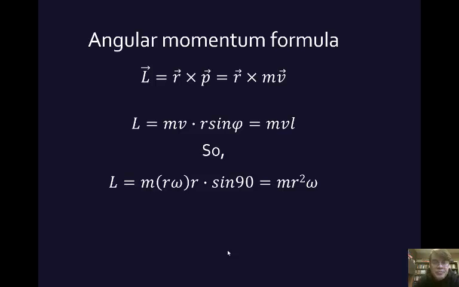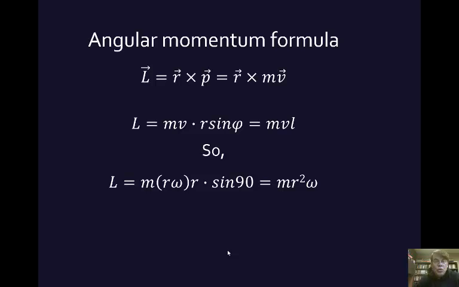So, for example, if you consider the sum of all the points in a rotating body as moving at 90-degree angles from a center. So if we're talking about a rigid body here, and we have all the points in something that's rotating from a center of mass, and we consider them to be moving at 90-degree angles from that center of mass, the sine of 90 is 1, and so it goes away.